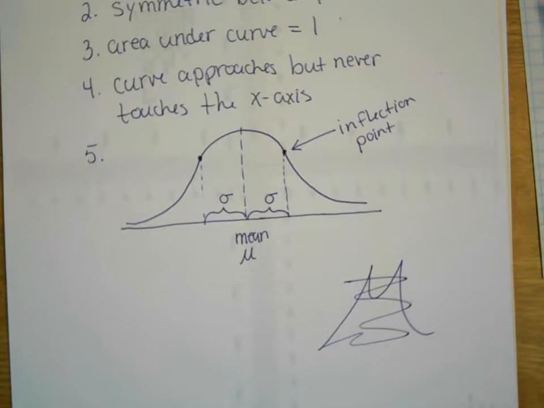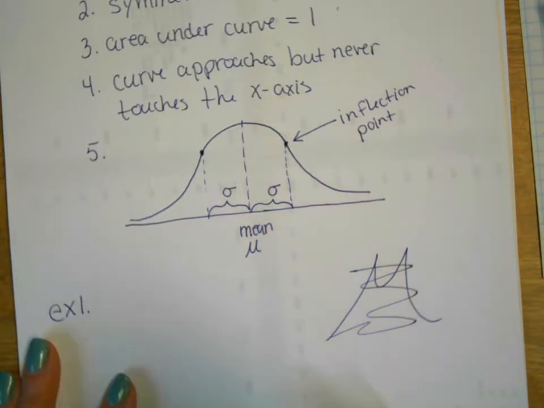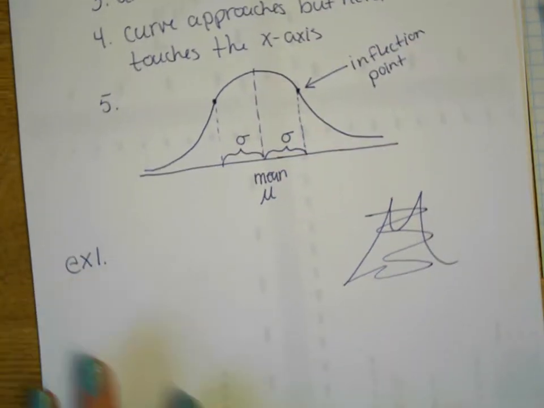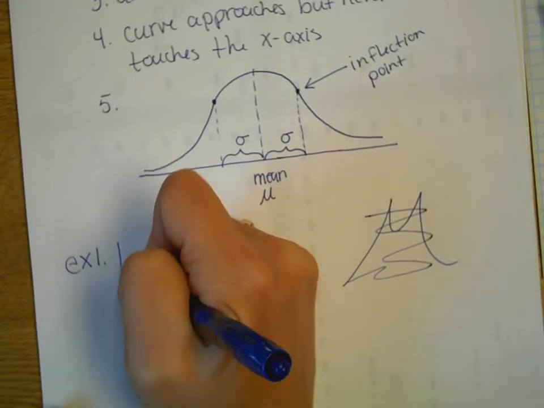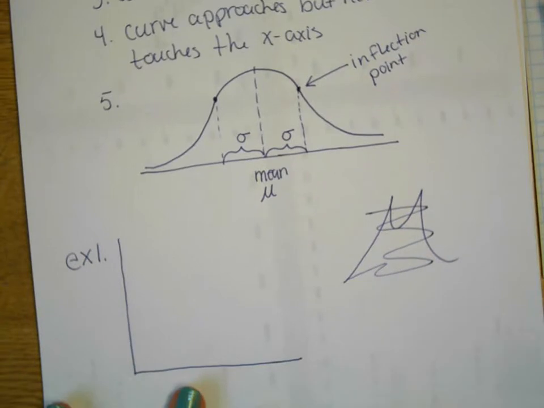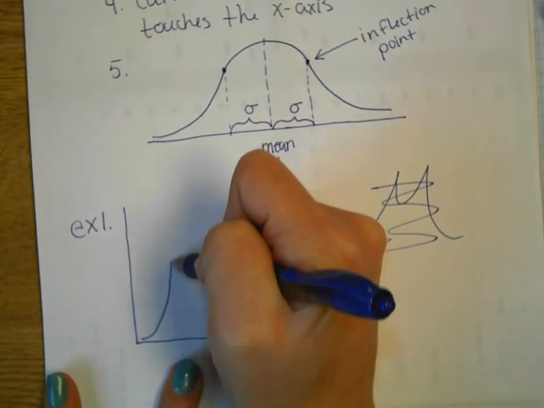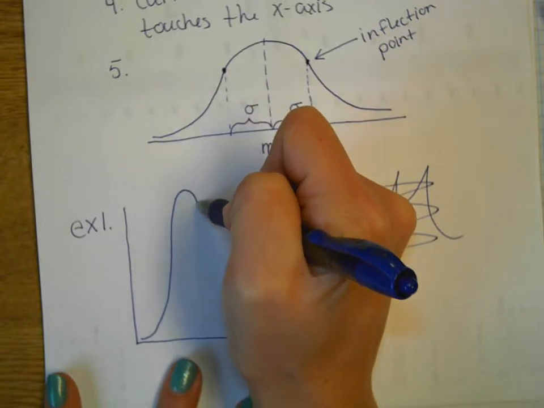Okay. So, what does standard deviation tell us about a data set? What does that indicate? How spread out the data are. Okay, so knowing that, our first example. I'm going to give you 3 symmetrical graphs. Here's one. Here's a real tall, skinny one.